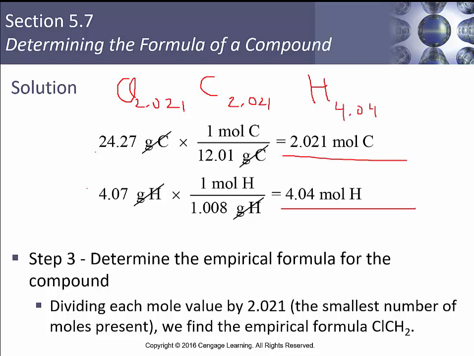The next thing you're going to do is divide this by whatever one is smallest. It happens to work out that 2 of these are the same. All right, 2.021. And then you'd end up with Cl 1, carbon 1, hydrogen 2.